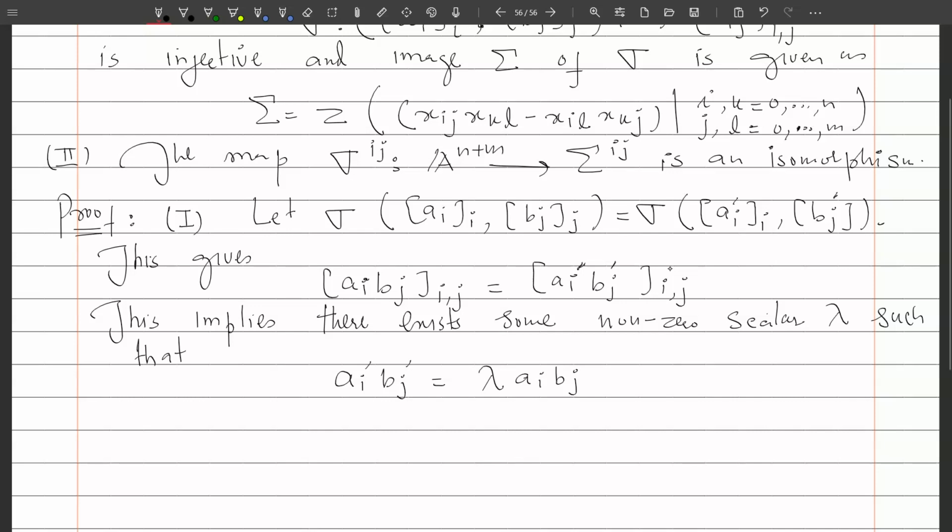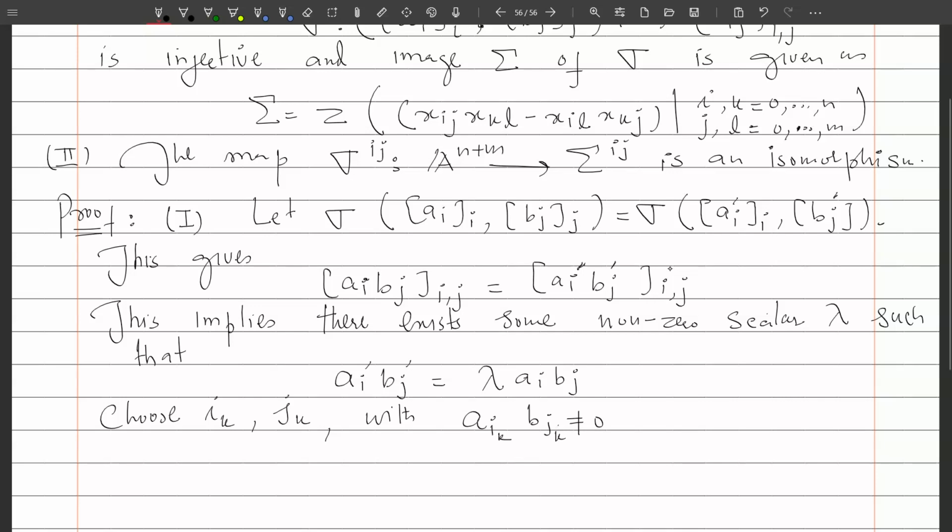Now what we are going to do is choose some i_k and j_k, such that a_{i_k} b_{j_k} is non-zero.